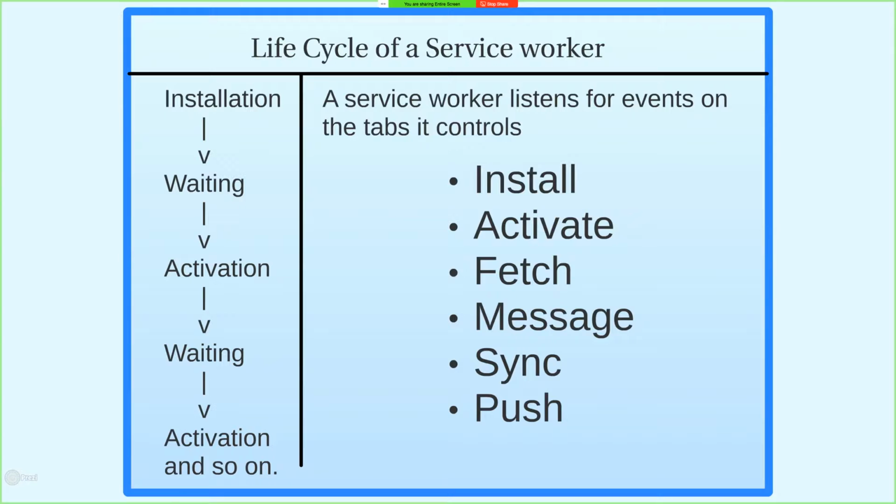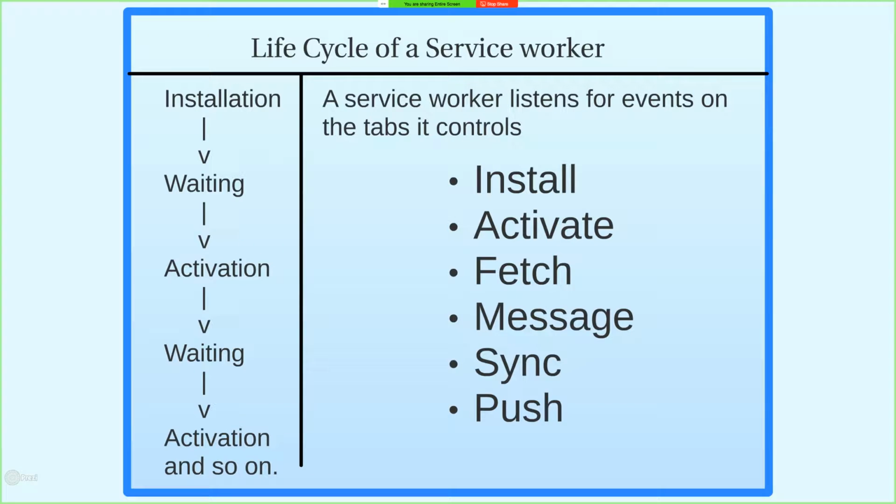Then you can intercept fetch requests, message requests, which I guess are a way to communicate with your service worker from a tab. They're not terribly useful. Sync requests, which allow you to sync data from your front end to the service worker so that if you're offline, the service worker will be able to wait until later to push all of that data up somewhere.